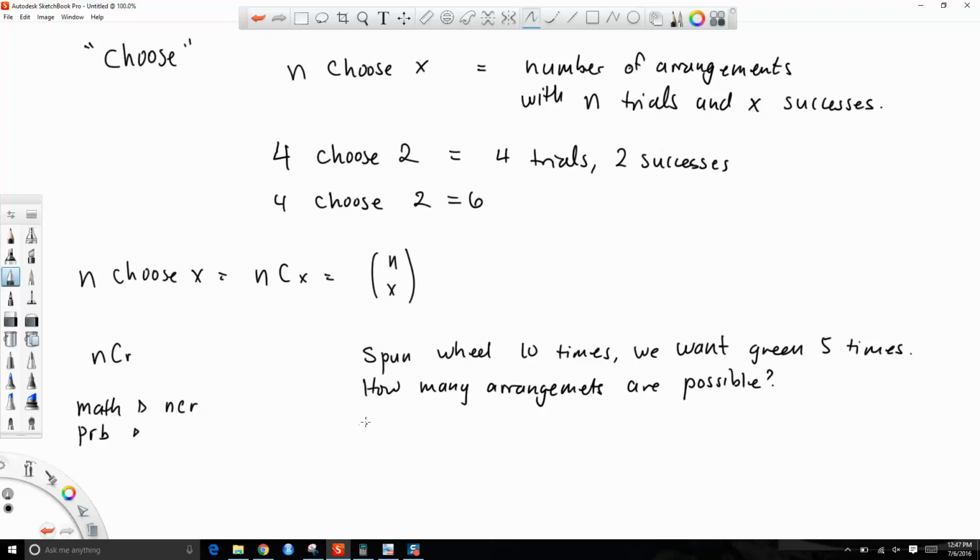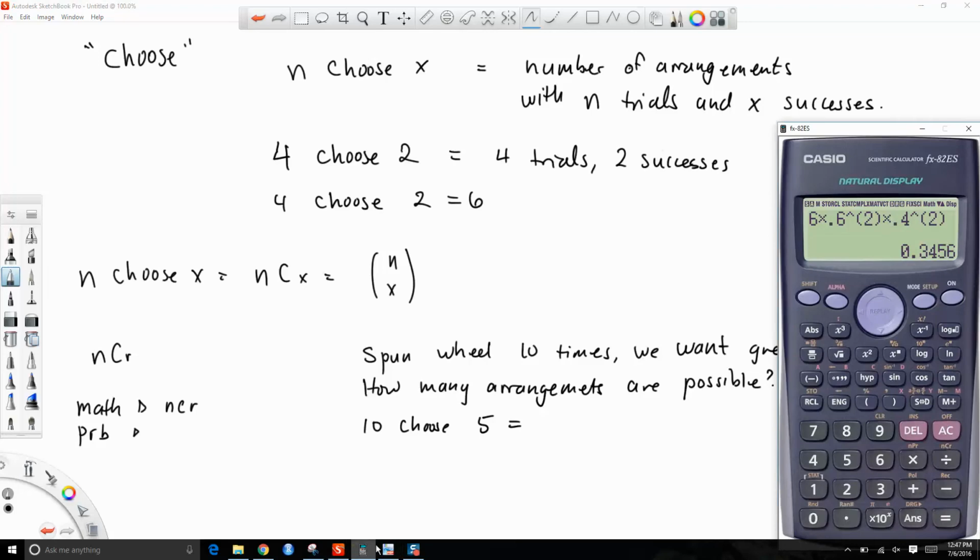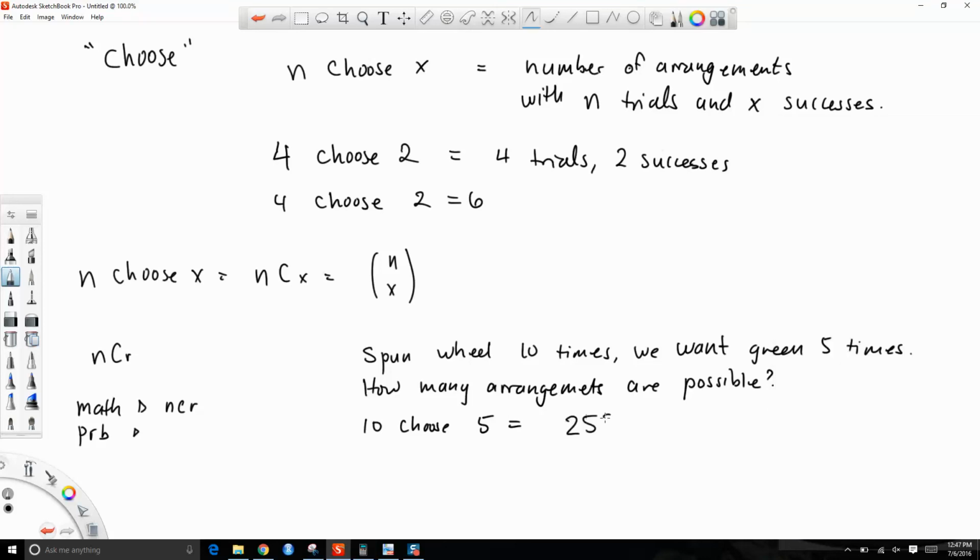This would be 10 choose 5. On my calculator, I would do 10, hit Shift, divide key to get nCr, and it looks like a big C there. I write 10 choose 5, hit equals, and here it says 252. It says 252 possible arrangements.